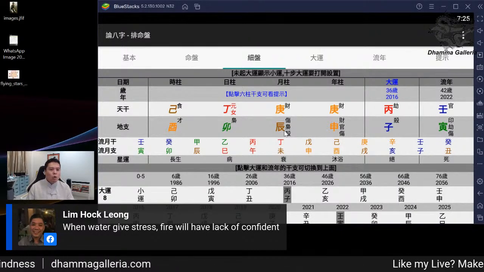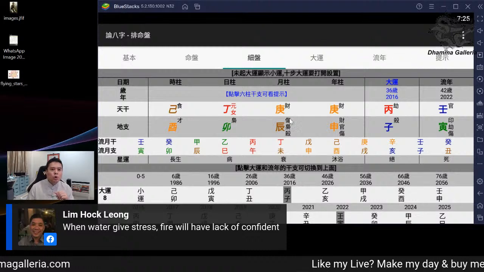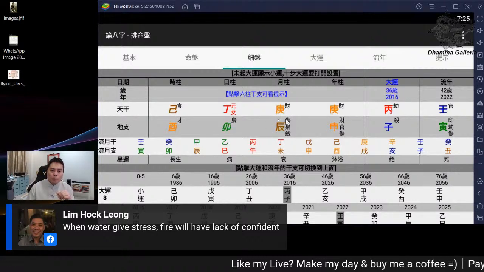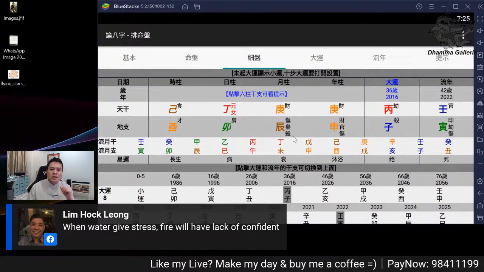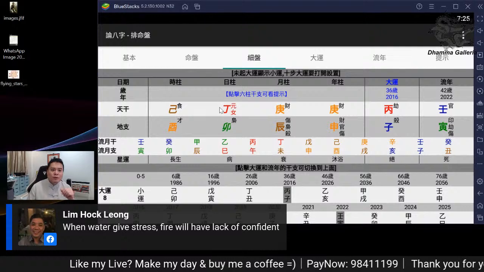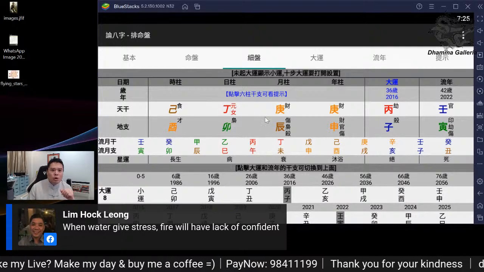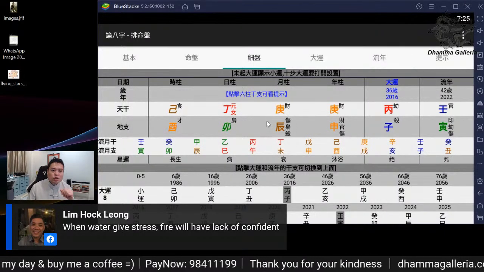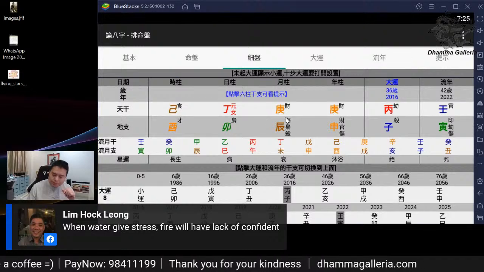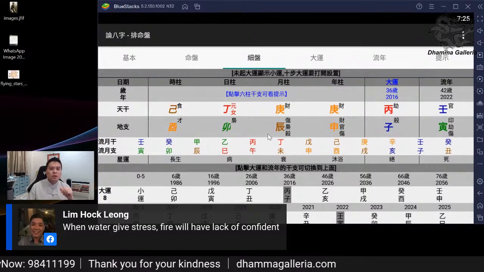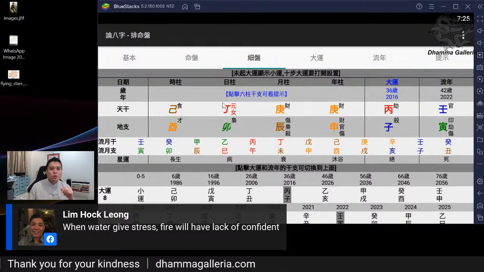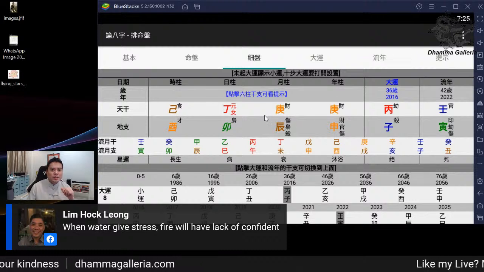And I always emphasize the importance of looking at the month of the branch because it is the seasonal factor that influences the strength of the day master the most. And your month branch is Chen, which is a water storage. Therefore, you can see you are facing a lot of pressures in life.